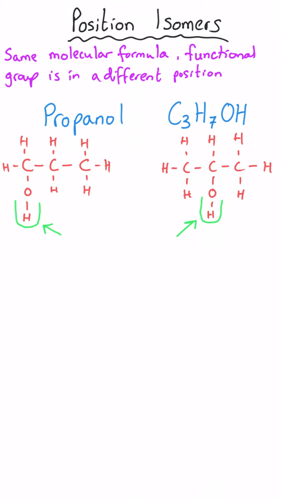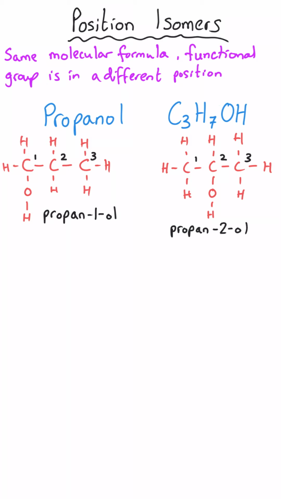They're what's called position isomers, because the OH group is in a different position on one chain to the other. The first one has got the carbon atom on the end with the OH group, so that's carbon in position number 1. And then in the second one, it's on the second carbon, so position number 2. So we call the first one propan-1-ol, written like this, and then the second one is propan-2-ol.